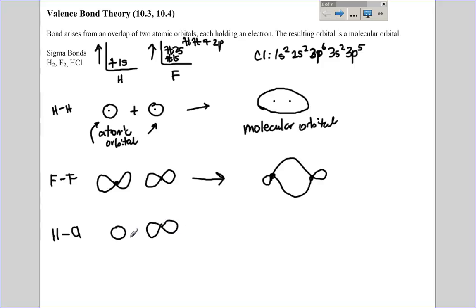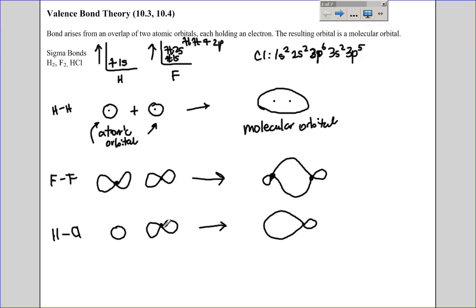And these are the atomic orbitals once again, and we're going to form a molecular orbital. There's constructive interference from this side of the p orbital to the s orbital and destructive to the other lobe. So we end up with a bit of a lopsided p orbital.